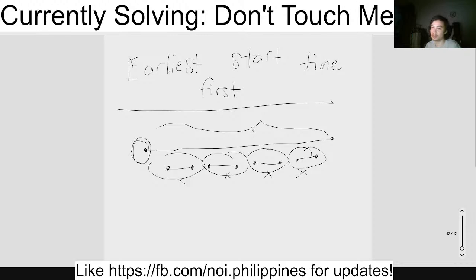Okay, so it feels like we're kind of stuck, right? Because each of these rules has something missing. If you sort by shortest time first, it doesn't take into account the conflicts. If you take into account the conflicts, it doesn't take into account the times. And if you sort by time only, it doesn't take into account the lengths of the times.